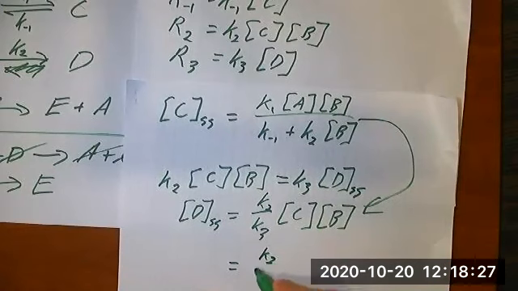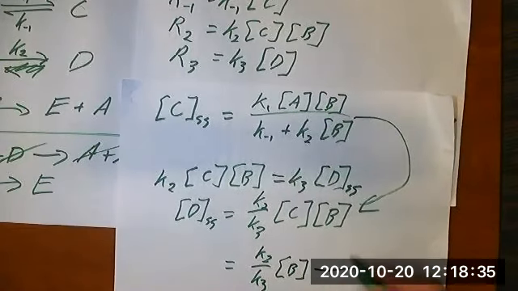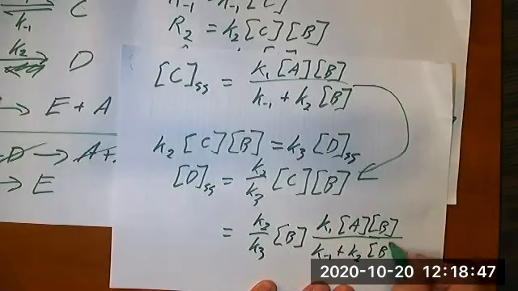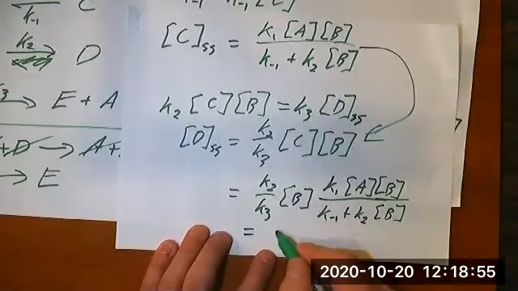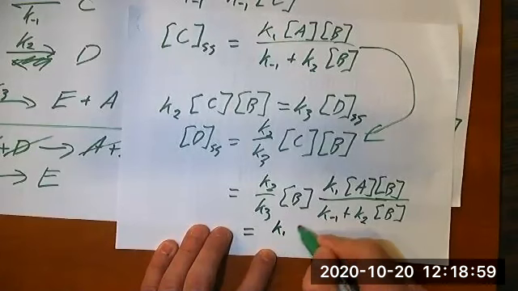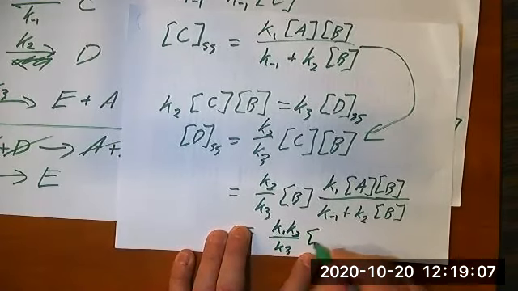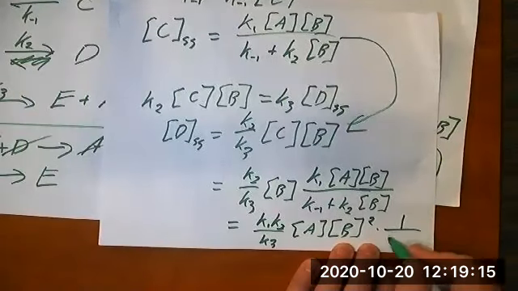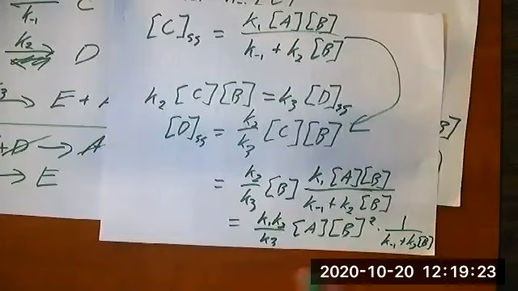So we've got k2 over k3 times our concentration of B times this thing up here: k1 concentration of A, concentration of B, over k_-1 plus k2 concentration of B. Okay, so we can try to simplify that into k1 k2 over k3 times concentration of A, concentration of B squared times 1 over k_-1 plus k2 concentration of B. It's probably even better to have that underneath here, but you probably get the idea from the math.